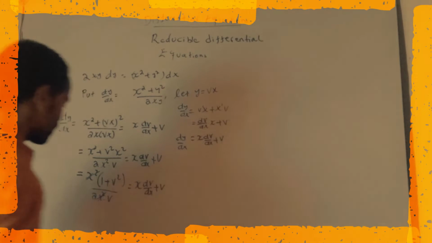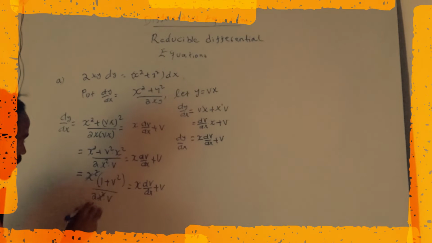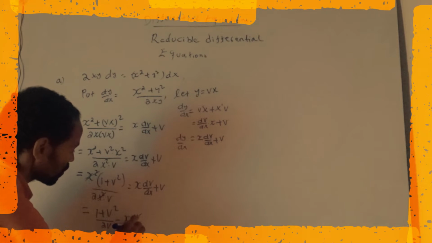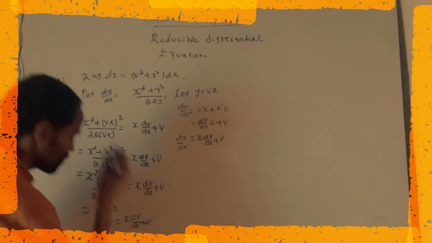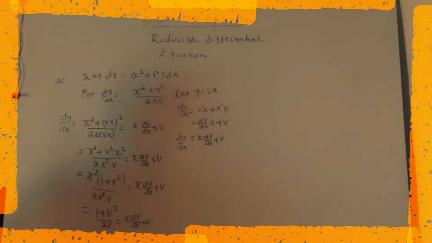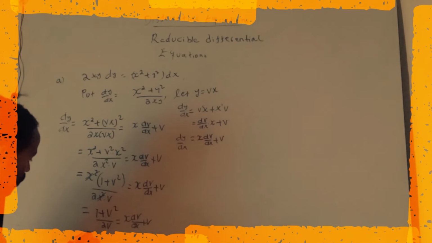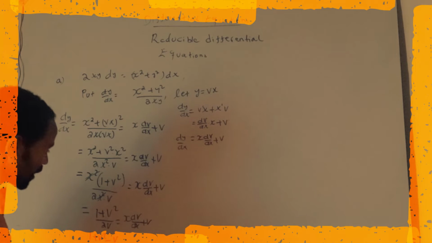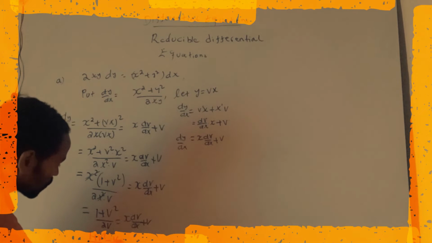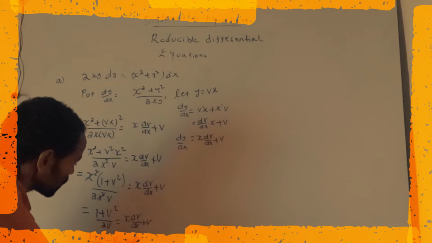The remaining is 1 plus v squared over 2v equals x dv over dx plus v. Very good. Now let me continue: bring this to the left side, 1 plus v squared over 2v minus v equals x dv by dx.